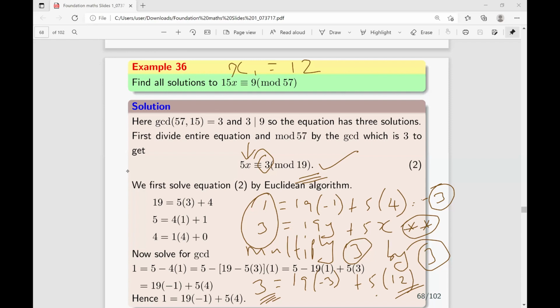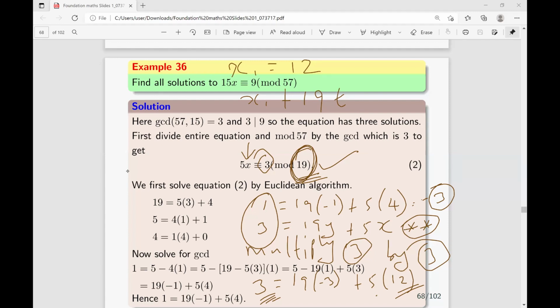The other 2 solutions you get by taking the initial solution x1 plus this new mod, which is 19, multiplied by t, where t is an integer. Is that okay?